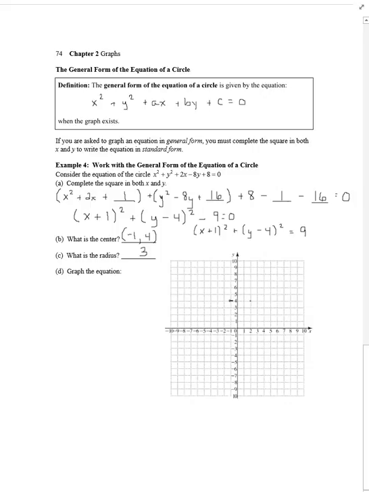So 1, 2, 3, in each direction. And we make a circle. Or, we try to make a circle. Okay, that's the worst circle on the face of the planet.